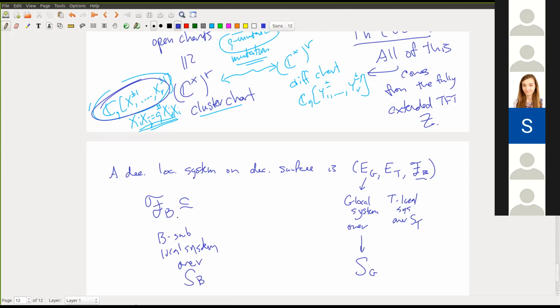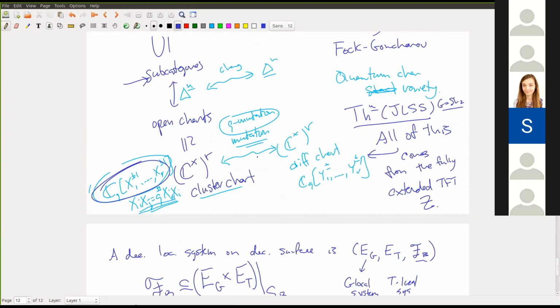And what is it a sublocal system of? Well, at S_B, I can take E_G cross E_T. So that's a G cross T local system, and I can restrict that to S_B.